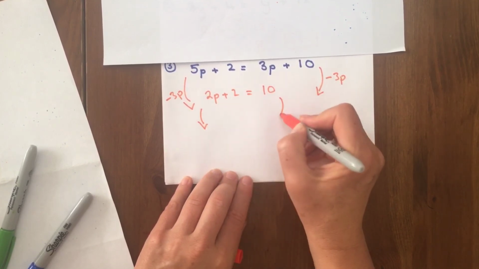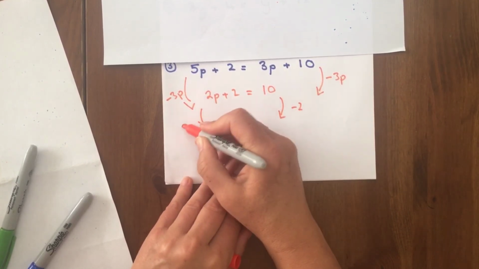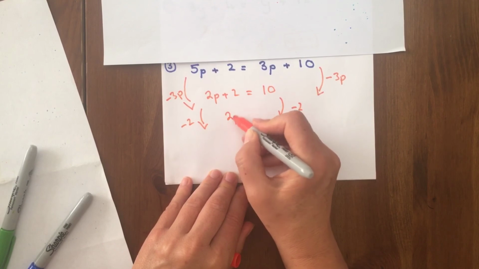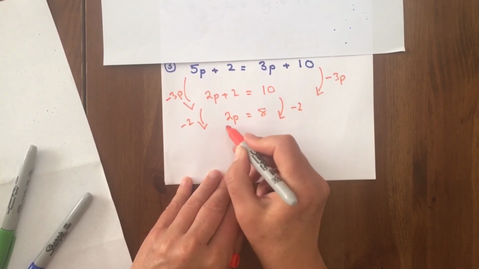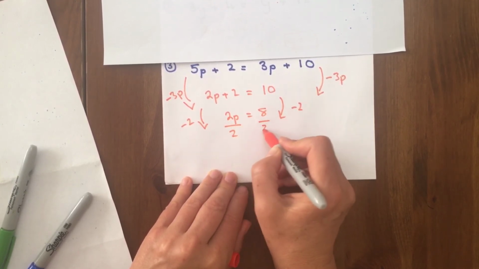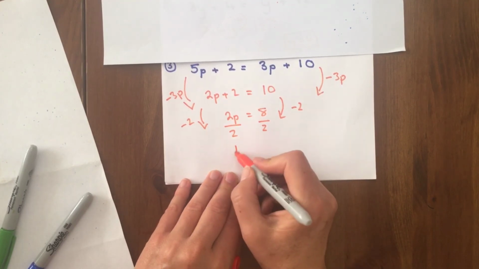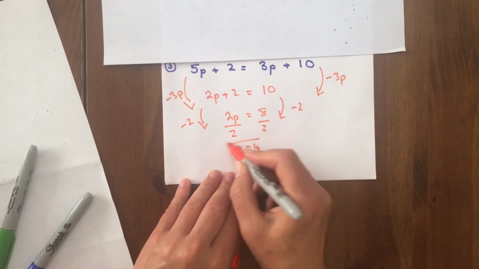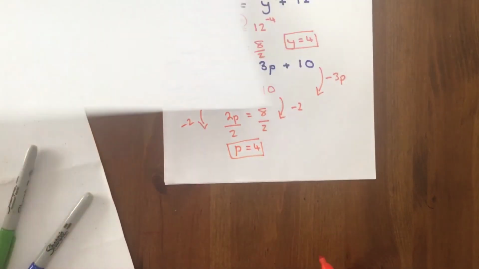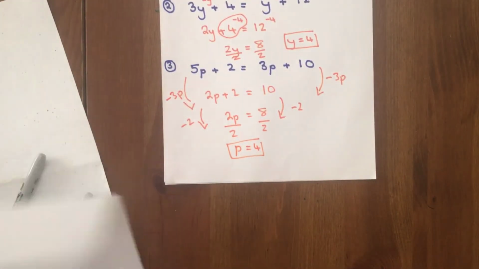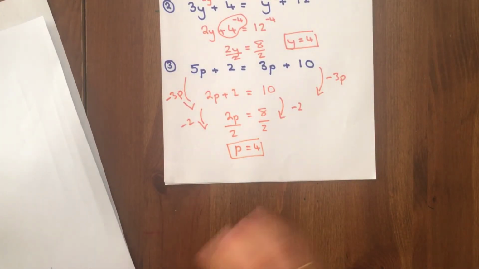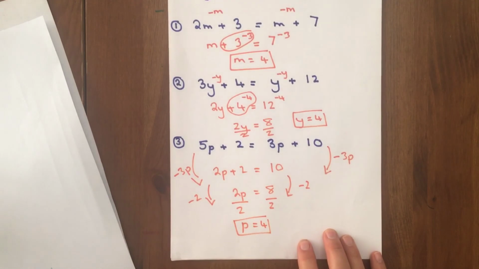Now I'm going to take away 2 from both sides of the equation. So 2p equals 8. And now I'm going to divide both sides by 2. So p equals 4. So actually each answer is 4. That's a miracle. Didn't realise that. Okay, they won't always be 4 obviously.